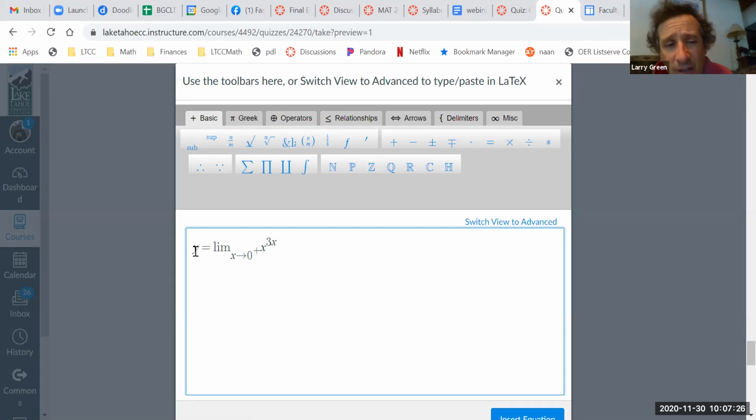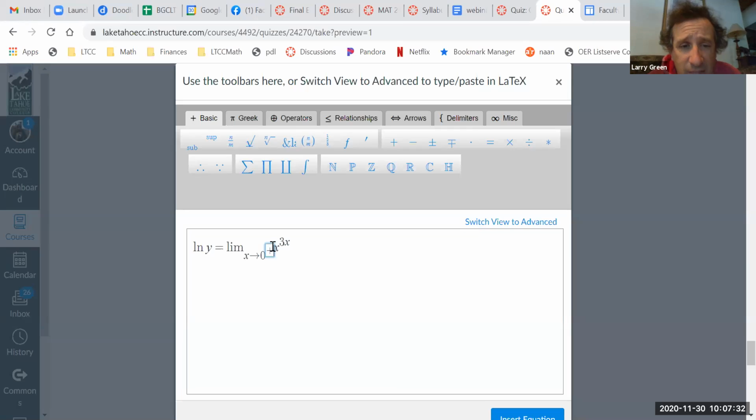Yeah, we take the natural log of both sides. And you can bring the natural log through the limit, because log is continuous and continuous functions are allowed to go through a limit.